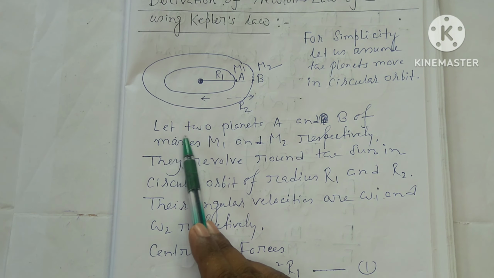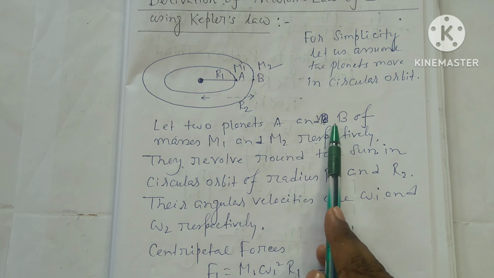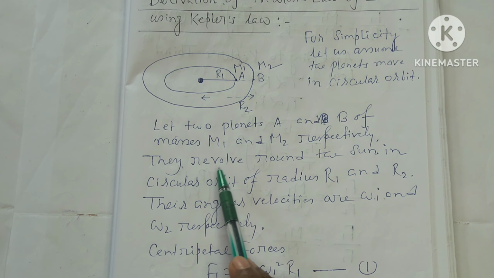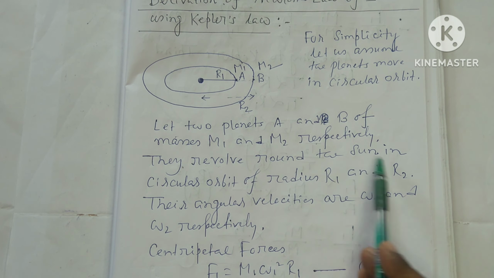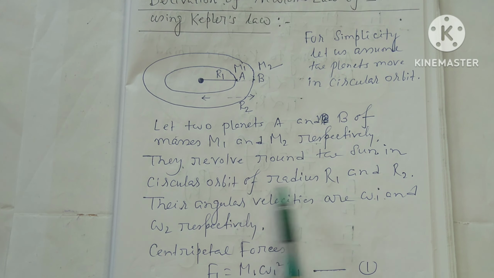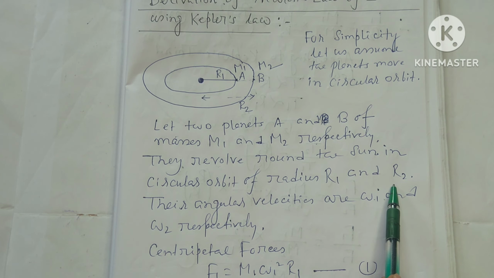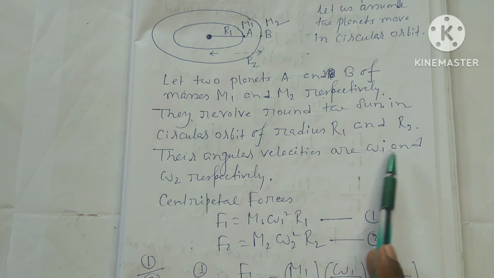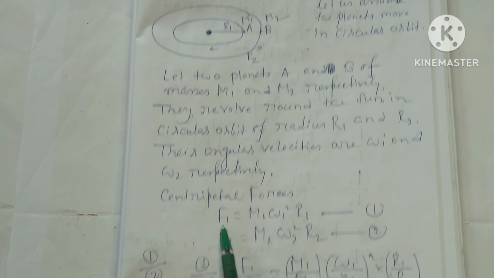So let two planets A and B of masses m1 and m2 respectively revolve around the Sun in circular orbits of radius r1 and r2, with angular velocities omega 1 and omega 2 respectively.